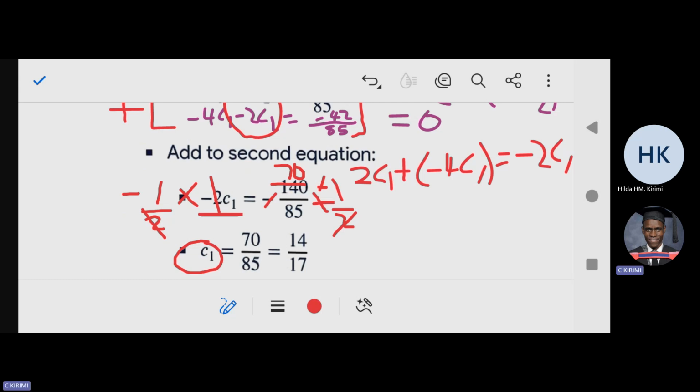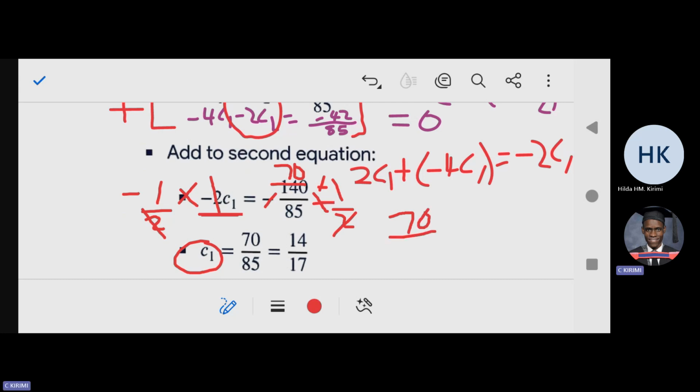Then you simplify by dividing by the highest common factor. 70 over 85. What is the highest common factor of 70 and 85? That's 5. 5 goes into 70 14 times. And then 5 goes into 85 17 times.